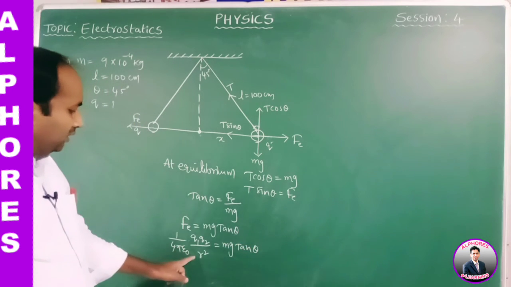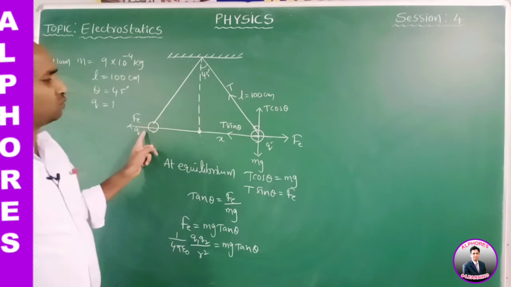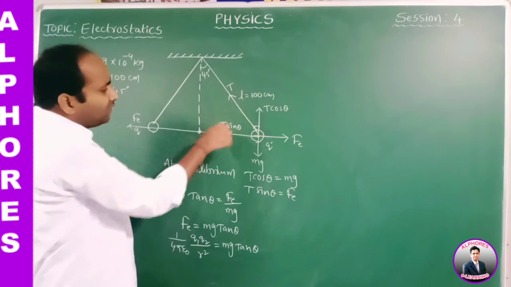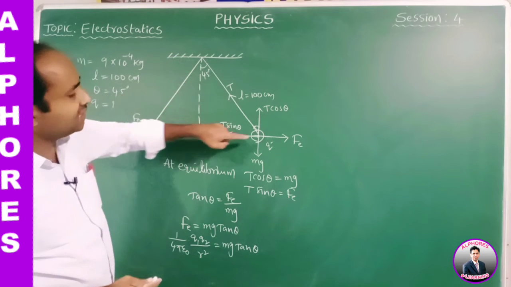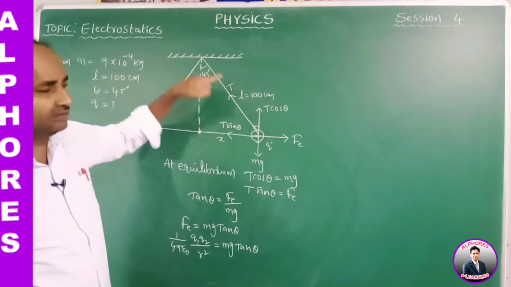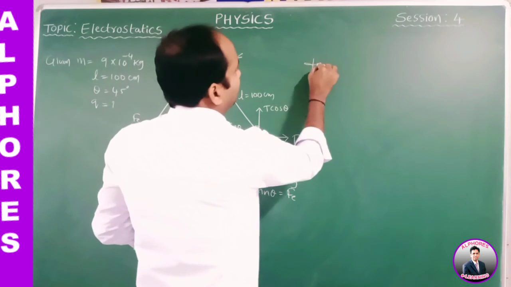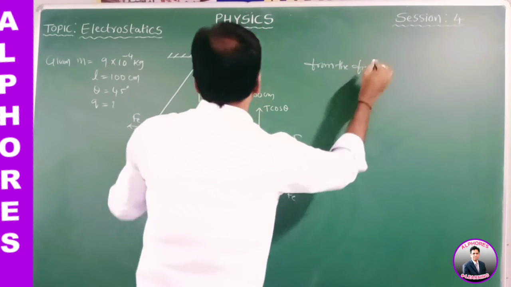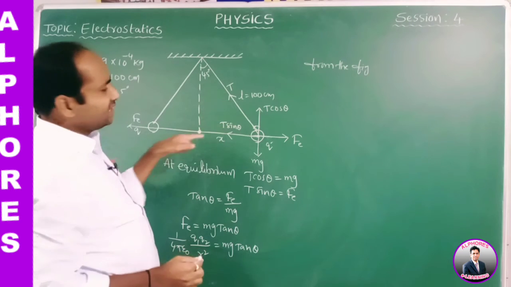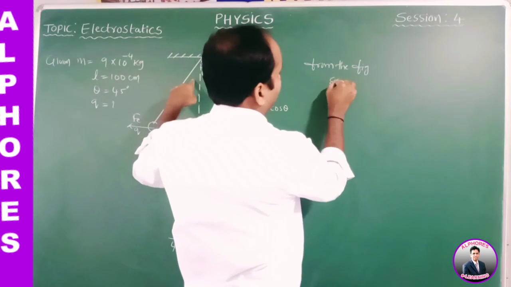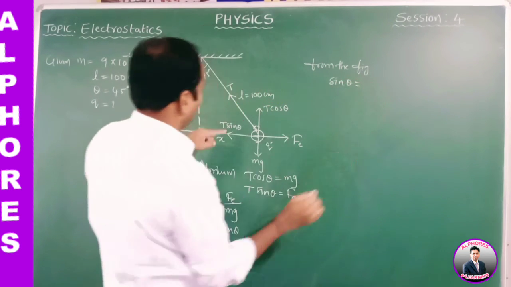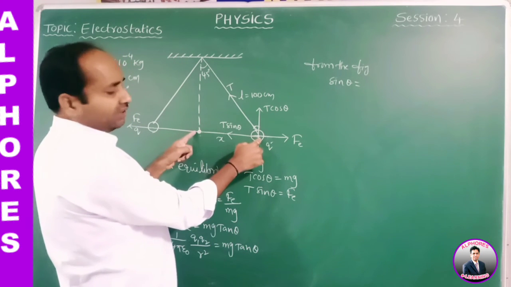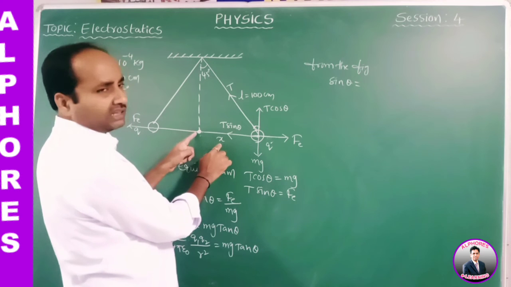Now r is the distance between the two spheres, but here we don't know the r value. From the diagram, this is a right angle triangle. From the figure we may write sin 45, or sin theta, is equal to the opposite side, from this bisector to either one of the spheres, which we take as x.